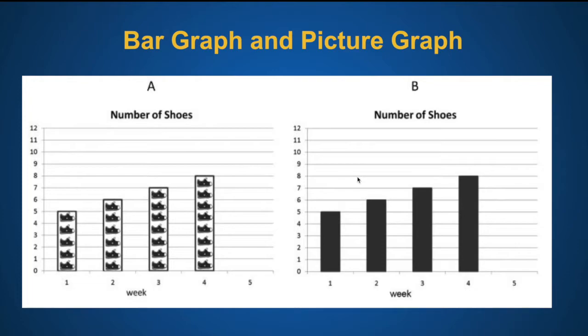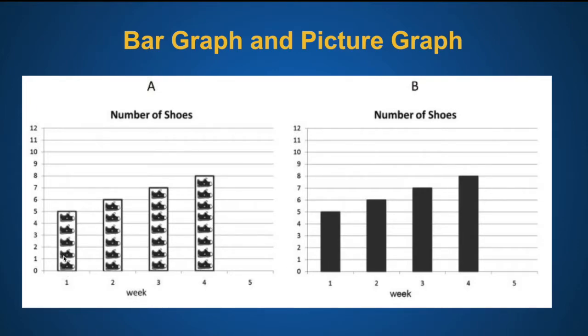They show similar stuff. You can see in these pictures that it's the same graph, but one is shown with pictures and one is bars. A bar graph has big rectangle bars, and a picture graph shows the numbers with pictures. In this picture graph, 1 shoe stands for 1.